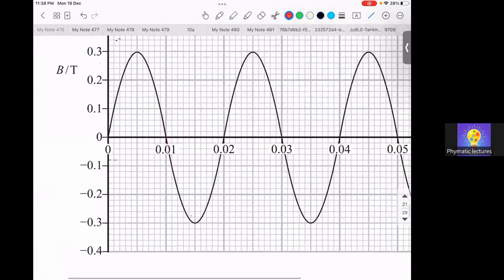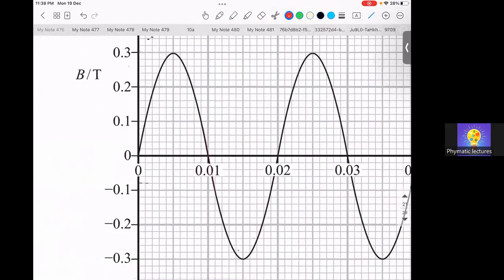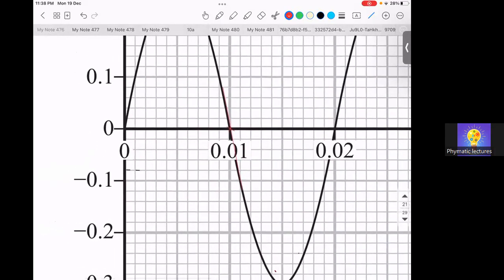Then what we should do? We have to draw a line. You know the basic idea of how to find the approximate gradient from a graph. If it is not a straight line, the gradient will change from point to point. So I want to find the gradient at the point 0.01.